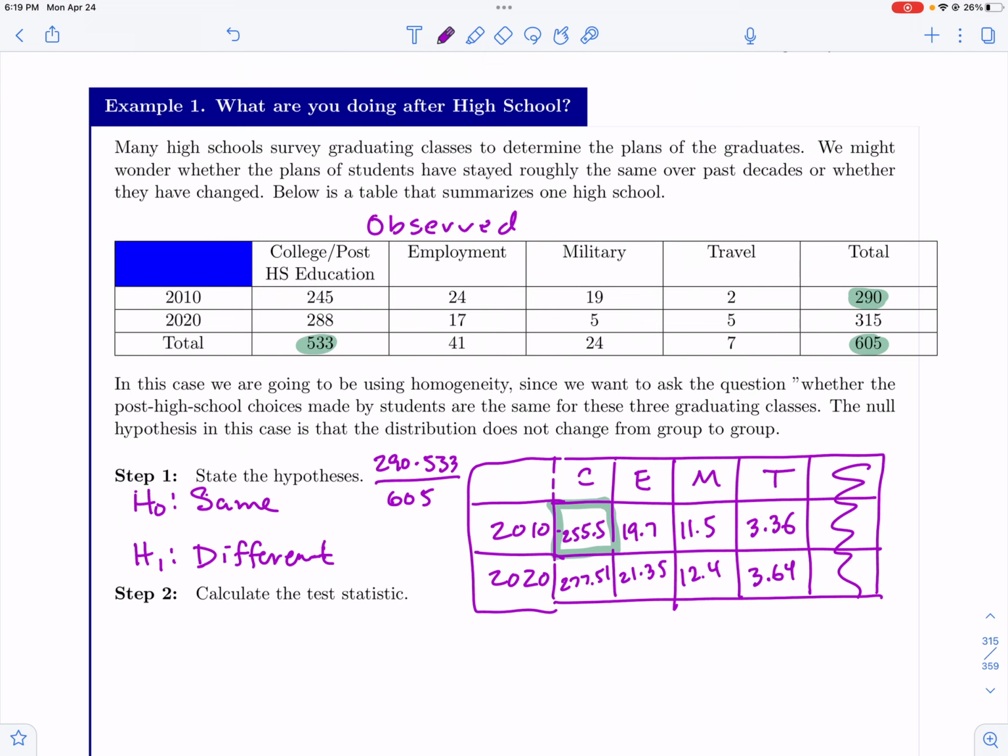So again, I'm going to stop the video at this point, give everybody a chance to figure out this expected matrix on their own. If you have any questions, let me know. If you get the same thing, then jump on to the next video and go from there. So good luck.